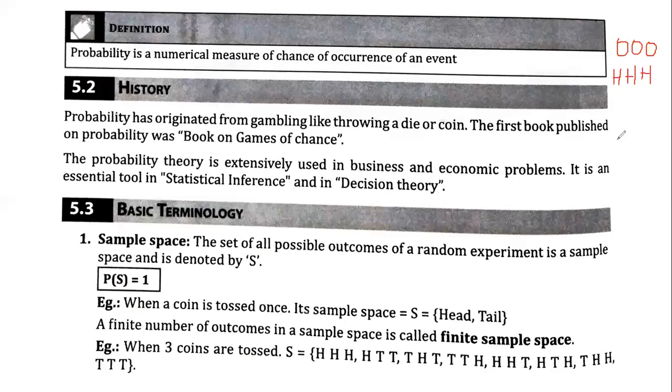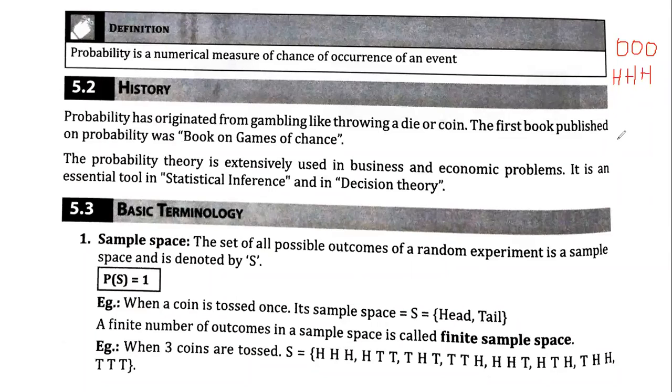You play rock, paper, scissors, right? You play hand cricket. What is the possibility of everybody opting for a rock or everybody opting for a scissor? Similarly, 3 coins are tossed, and the coin can give you head or tail.